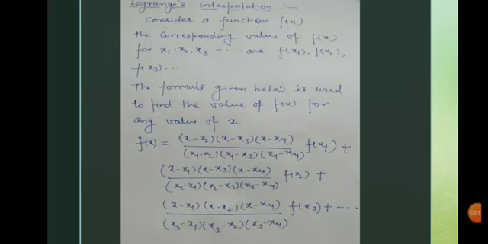f(x1) means the value of f(x) at point x1, plus the next term is (x minus x1)(x minus x3), so remember here the term x minus x2 is missing, (x minus x4) upon (x2 minus x1)(x2 minus x3)(x2 minus x4) into f(x2), plus and so on.